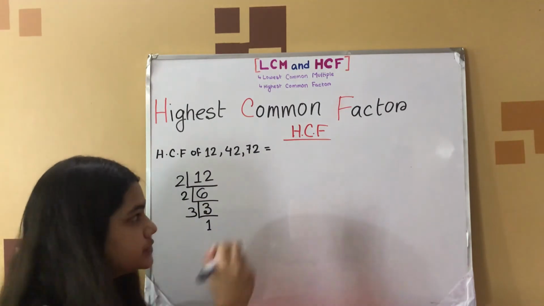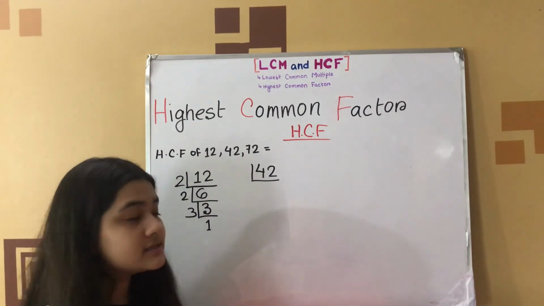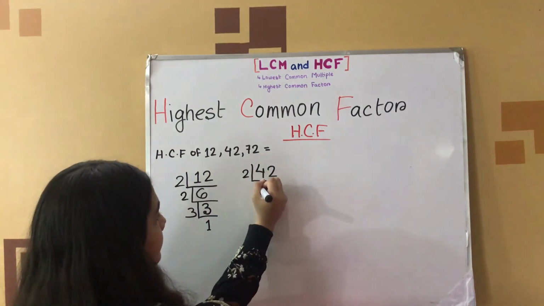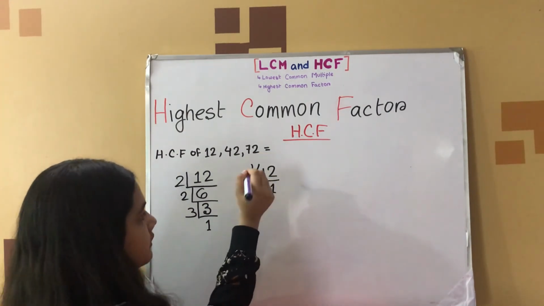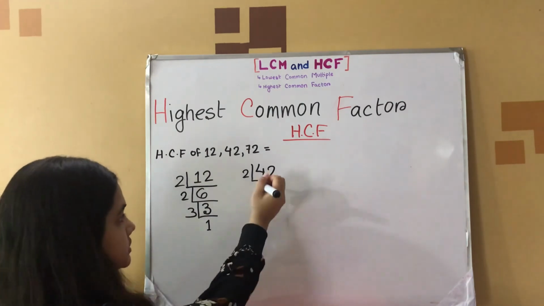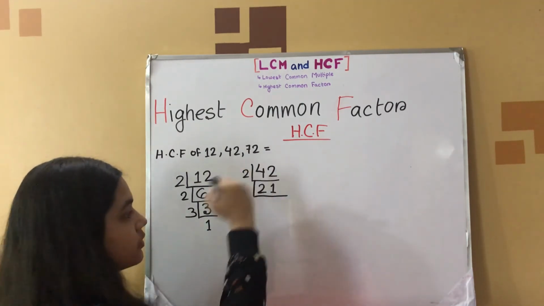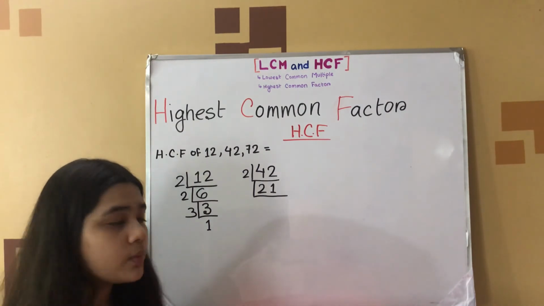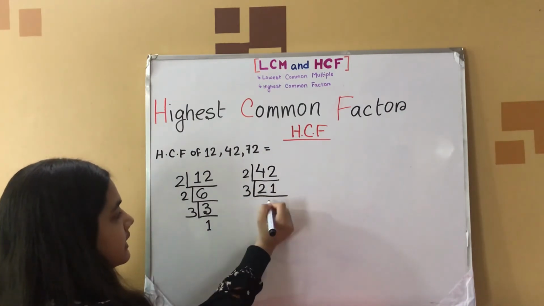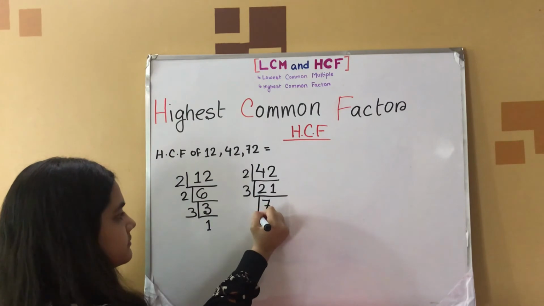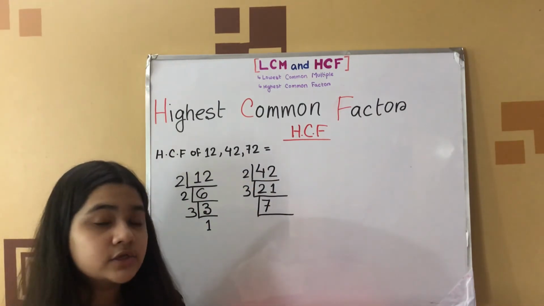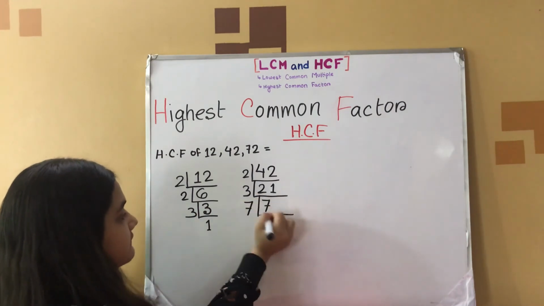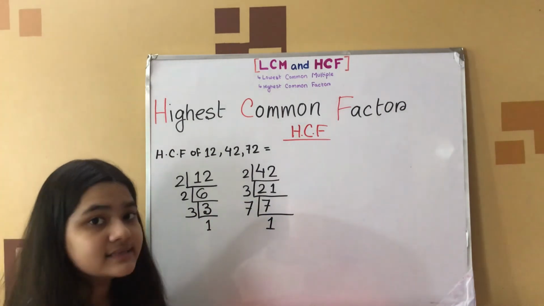Now 42. 42 is also divisible by 2. So 2 21s are 42. Now 3 7s are 21. So 3 and 7. 7 is also a prime number. So 7 1s is 7.